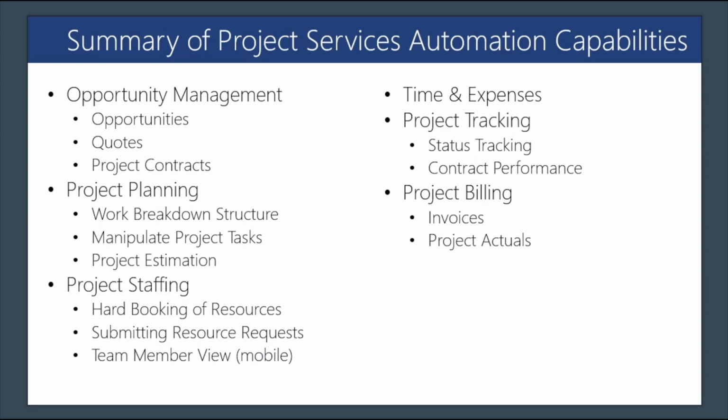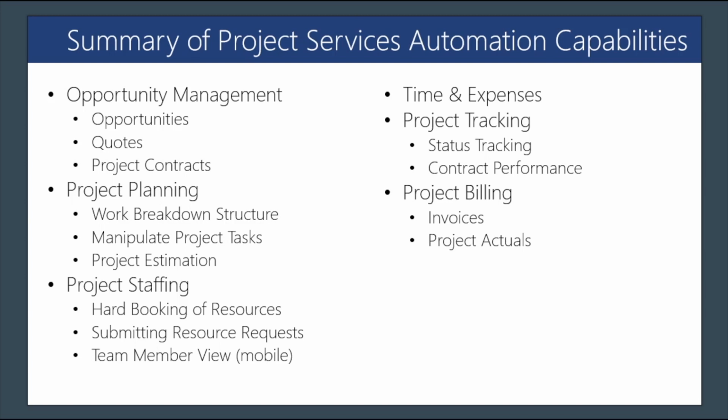We talked about how our service delivery team can plan a project by utilizing the work breakdown structure, manipulating our project tasks either inside of project service automation or possibly manipulating those project tasks inside of Microsoft Project and integrating that with PSA.